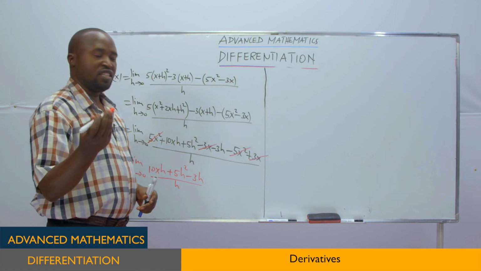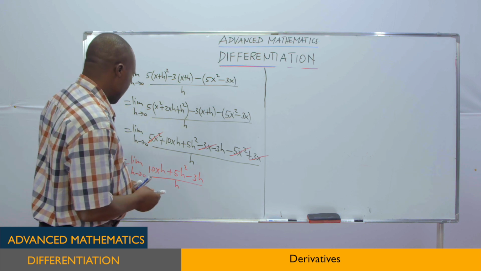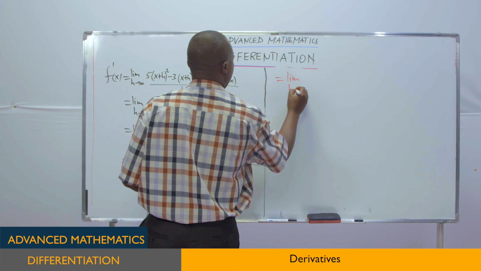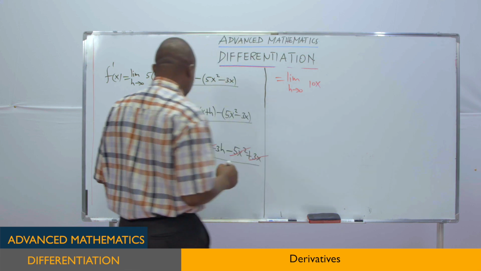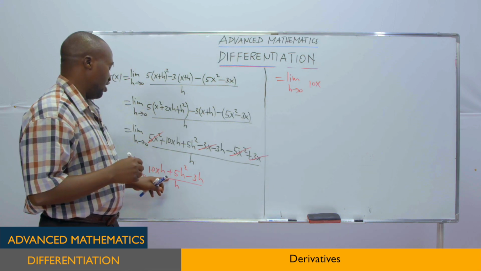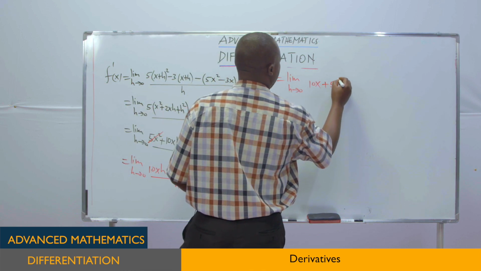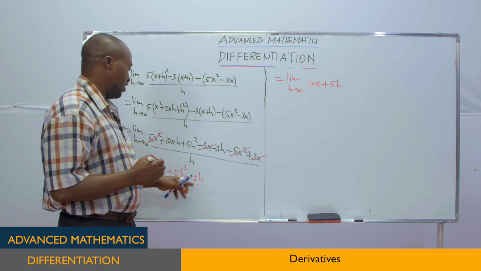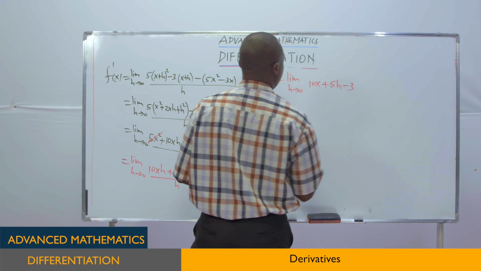So on dividing by h, we have 10xh over h. This one is equal to the limit of, as h approaches 0, 10x. Then we have 5h squared over h, that is plus 5h. Then again, negative 3h over h, here we are going to have minus 3.